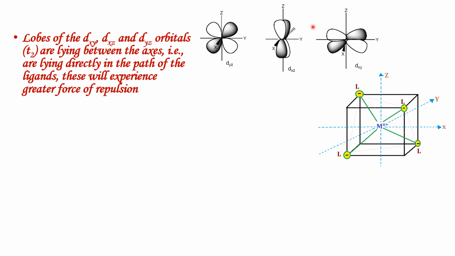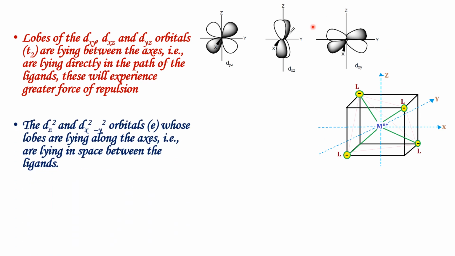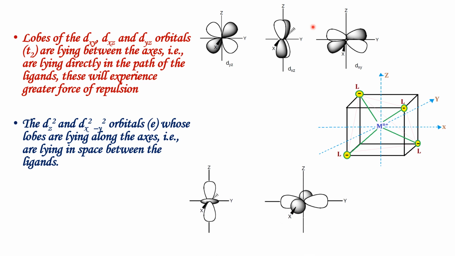The dz square and dx square minus y square orbitals have their lobes lying along the axis, that is at the center of the tetrahedron or the cube here. So they are not directly approaching the ligands.